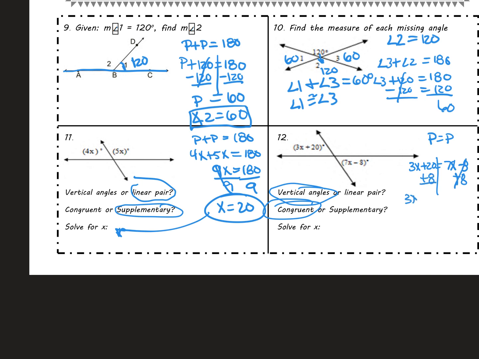I'm left with 3x plus 28 equals 7x. Then minus 3x, minus 3x. And I get that 28 equals 4x. Last step is going to be divide by 4. And so I will get that x is going to equal 7.